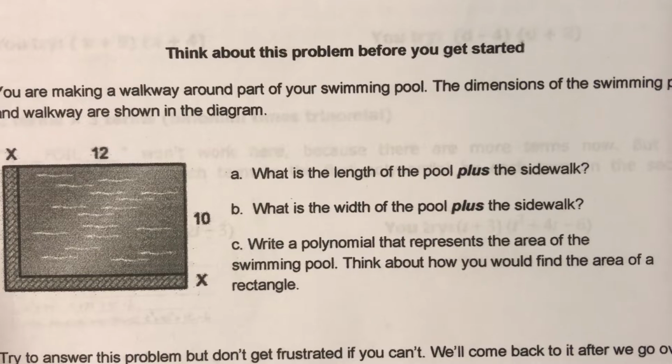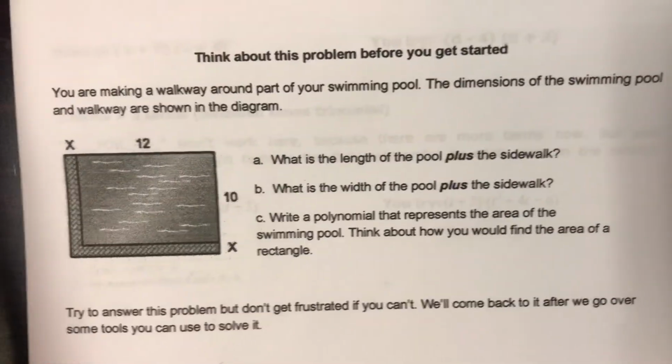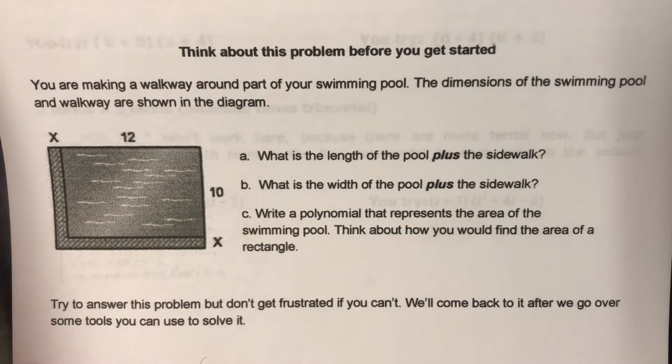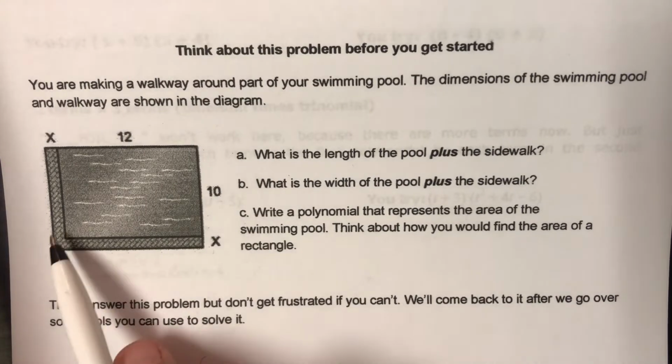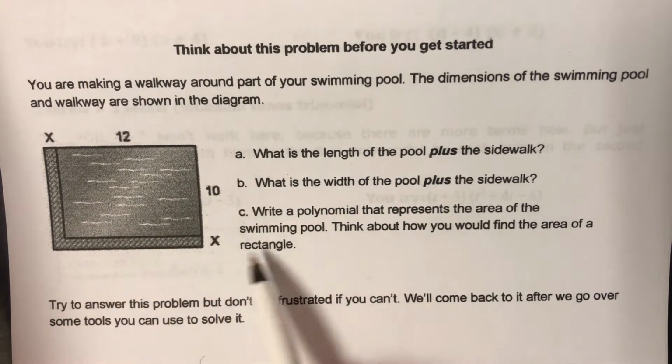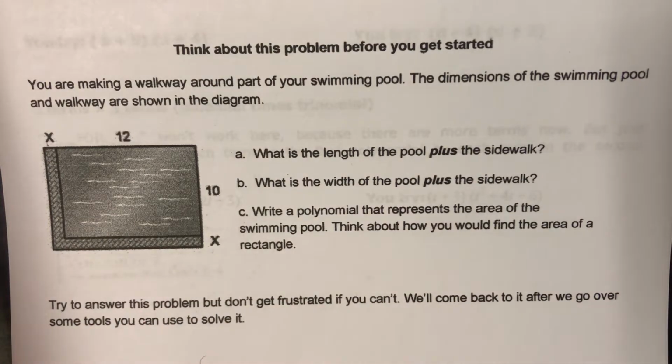Now, just read through this part of the lesson. Make this a little smaller. So you have this problem. You're making a walkway around part of a swimming pool. Okay, the dimensions of the swimming pool and walkway are shown in a diagram. So here you have the swimming pool, and right on this edge you have a walkway.